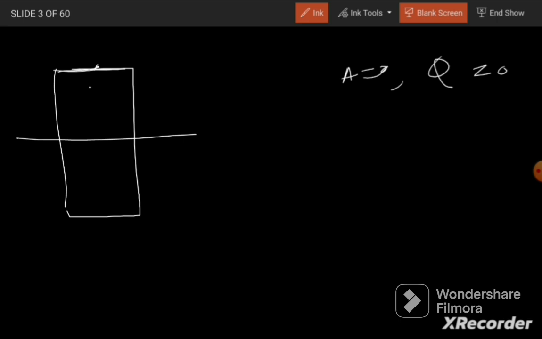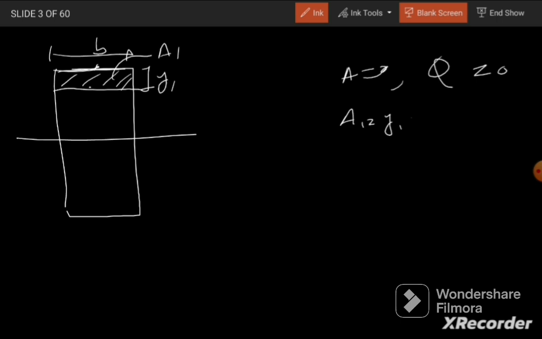And if I take a point over here, we need to consider this much area. So we will have area A1 equal to Y1 times B, and this much will be our Y1 bar. So Q will be equal to A1 times Y1 bar.